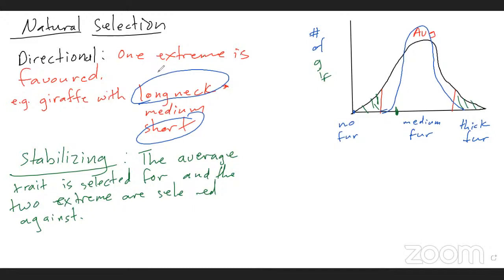So just give me a second. So we would just change this scenario where a long neck or short neck is not needed. All right. So this is what you do for stabilizing, directional, and then the final one now is disruptive.